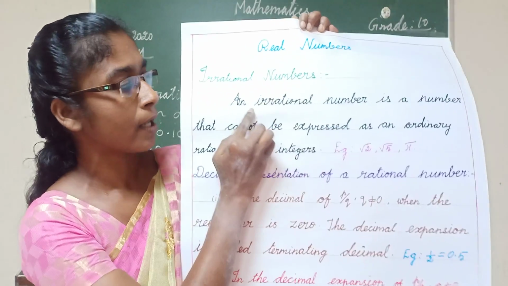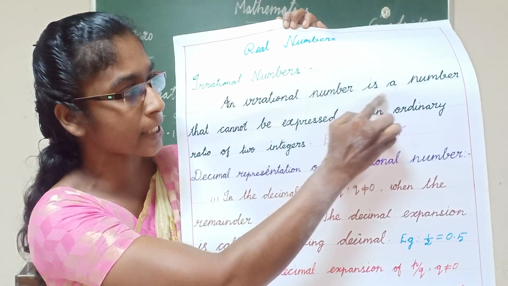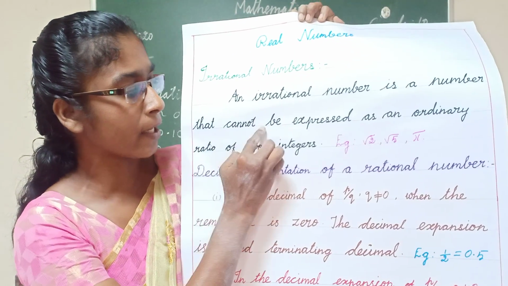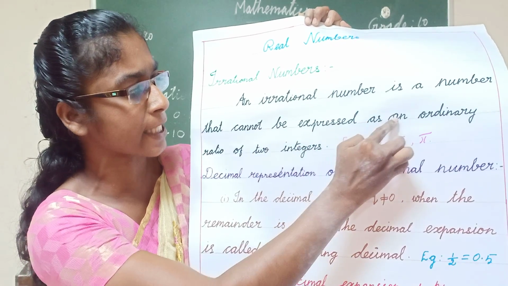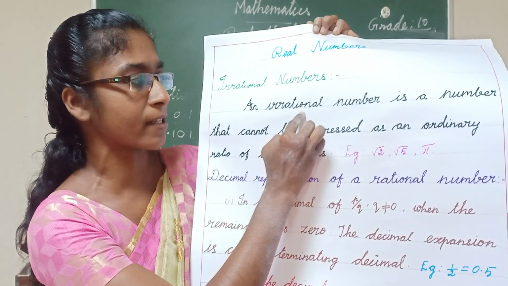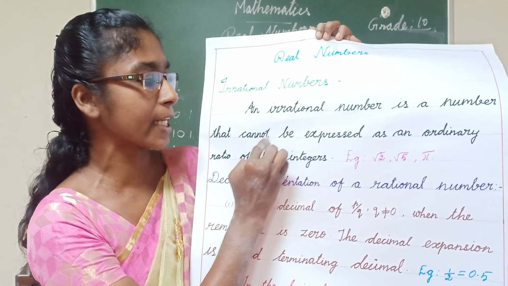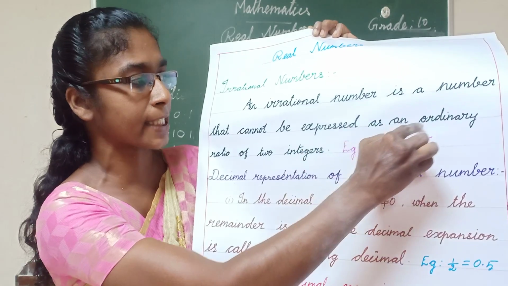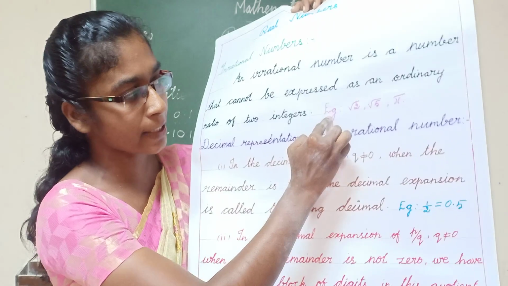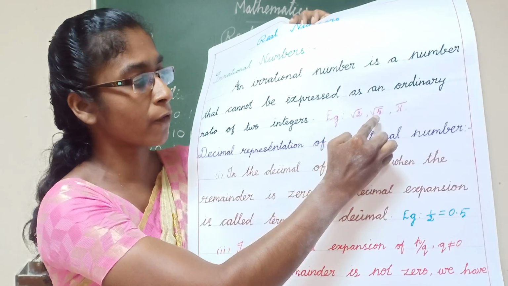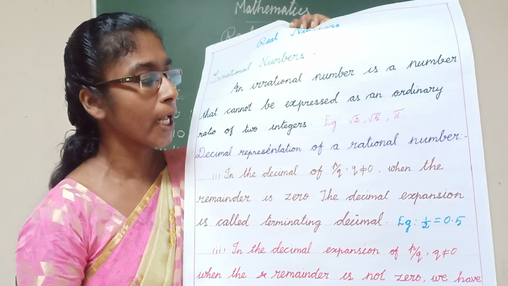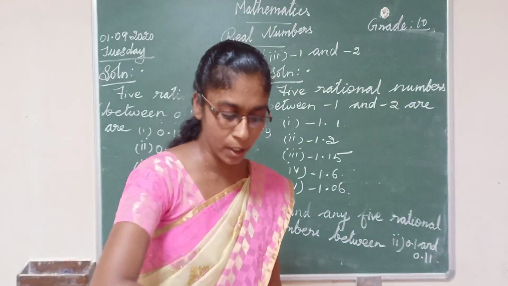An irrational number is a number that cannot be expressed as an ordinary ratio of two integers. Examples: √2, √5, pi, etc.